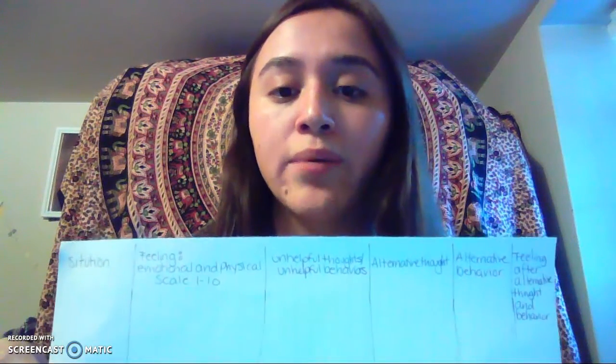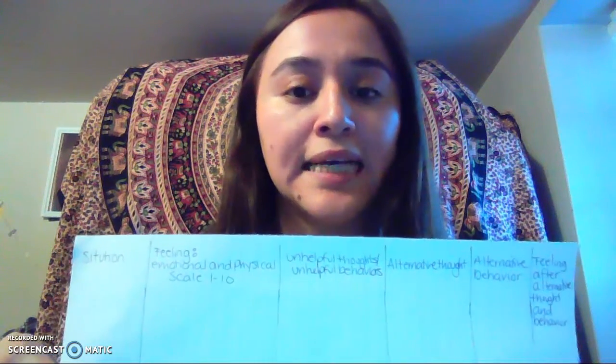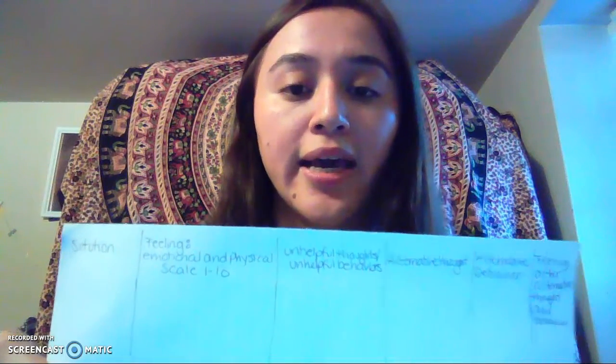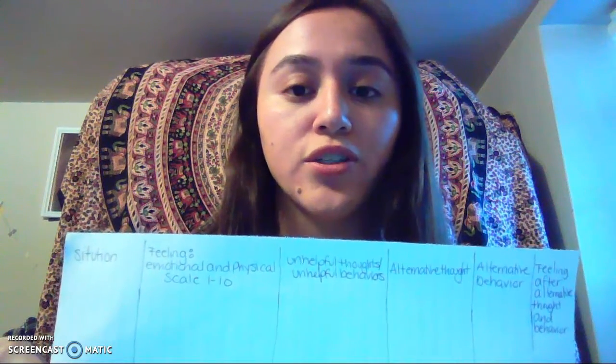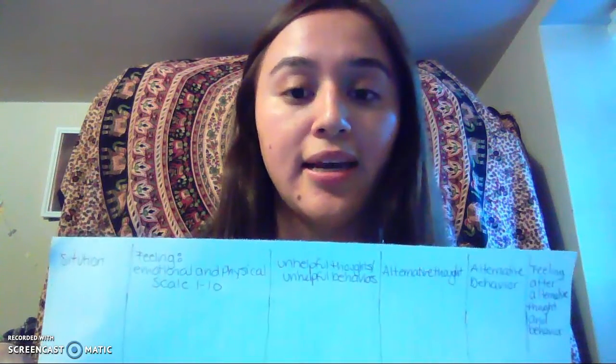Okay, so for myself, my situation is going to be, when I was younger, I grew a lot of anxiety when I had to go and present in front of the class. It made me very anxious and my face would just turn really red and I hated it.